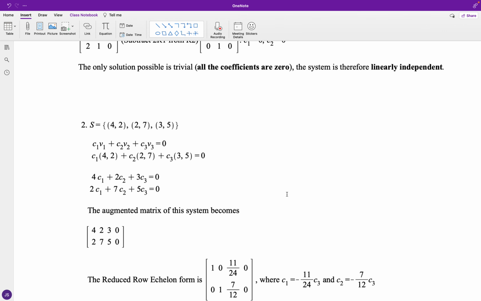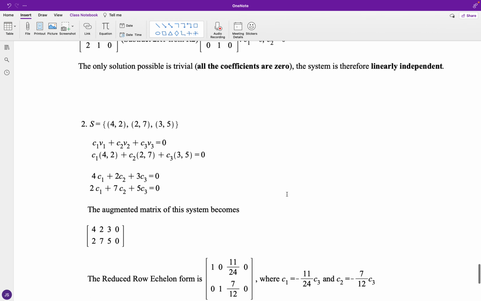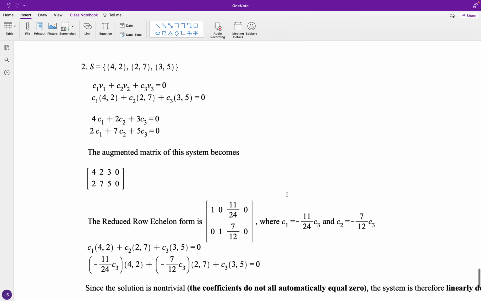The augmented matrix has the top row 4, 2, 3, 0, and the bottom row 2, 7, 5, 0.